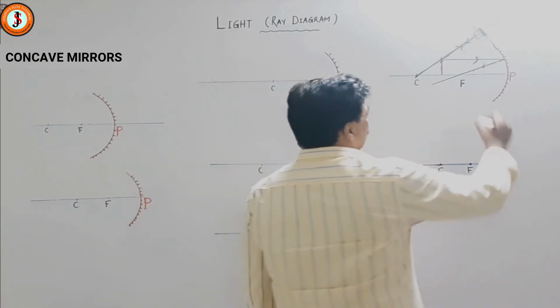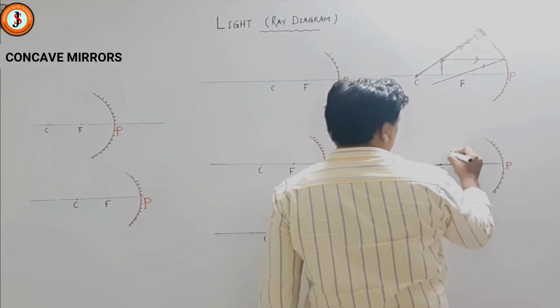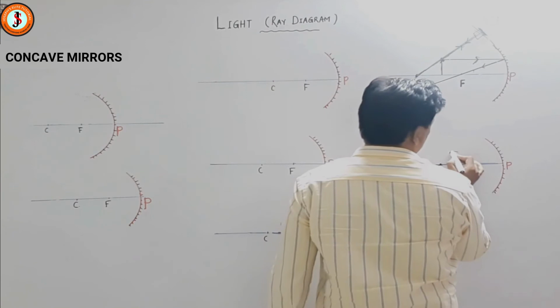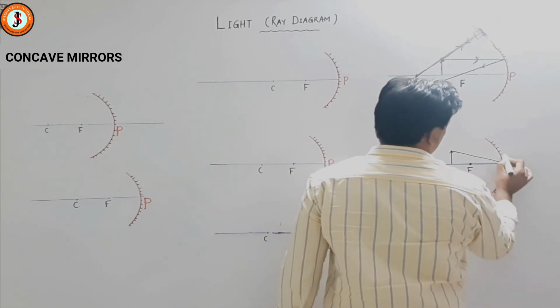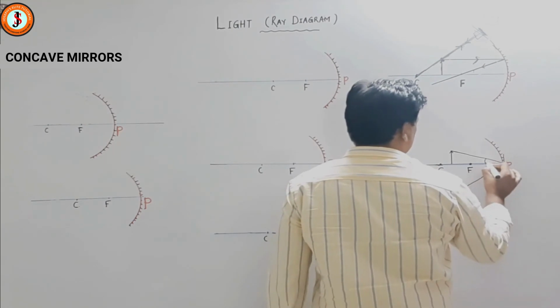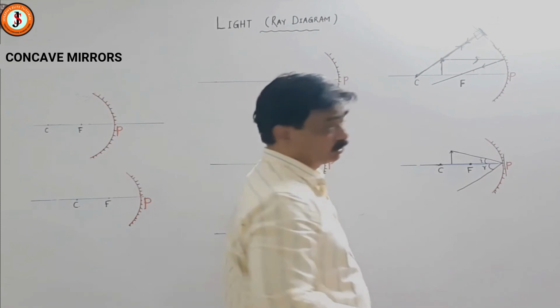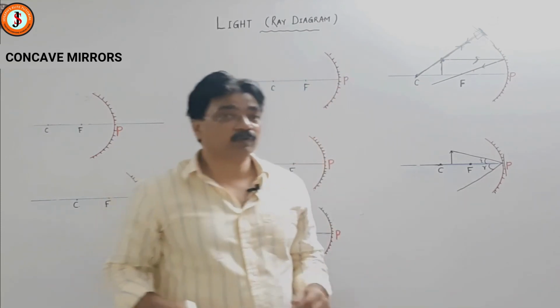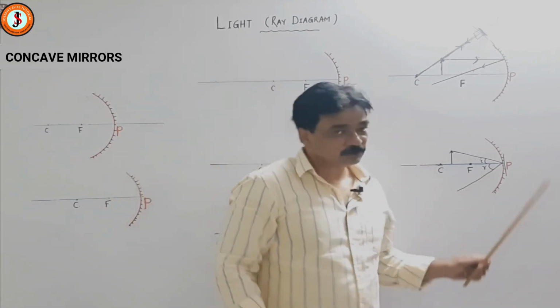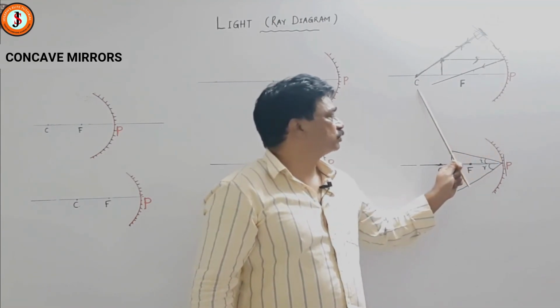And secondly, suppose you take a ray which is going to the pole. Now again this is 90 degrees to the axis, so it will follow the law of reflection. That means if you take this angle of incidence, you have to take an equal angle during the reflection. So this is very important for you to understand. First thing, rays parallel to the principal axis will pass through the focus.